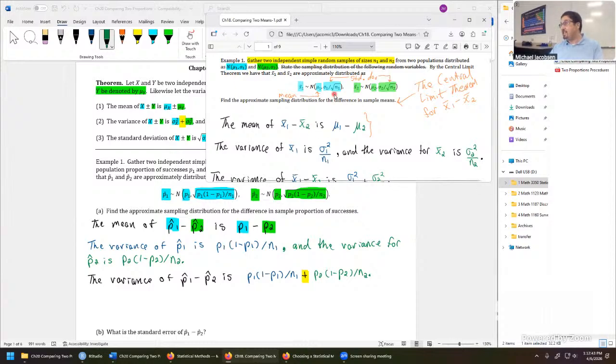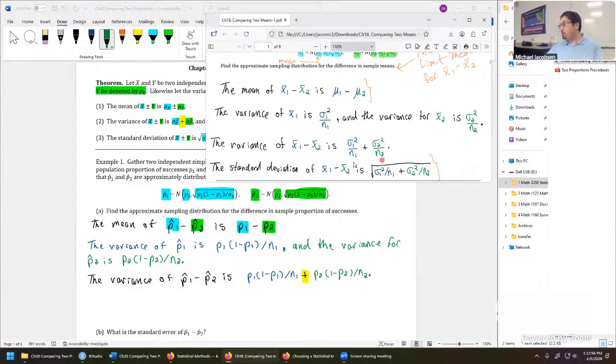Next thing we did is we had to get the variance, which meant we squared that portion where the red dot is. Squaring this gave us sigma 1 squared divided by n1. So there it is. Likewise, we got the same quantity here. Then when we looked into the variance of the difference, we just added them together. Here, that's the same analogous thing. It's just a lot more messy.